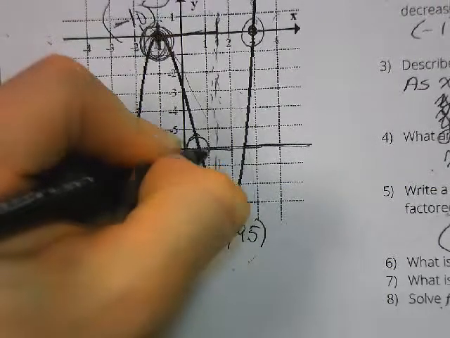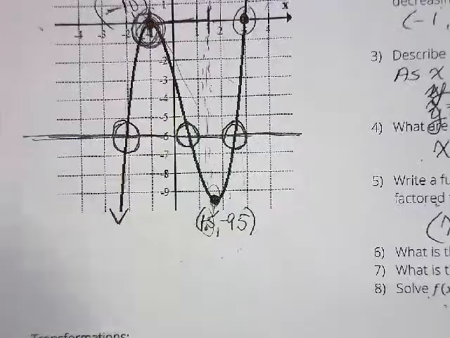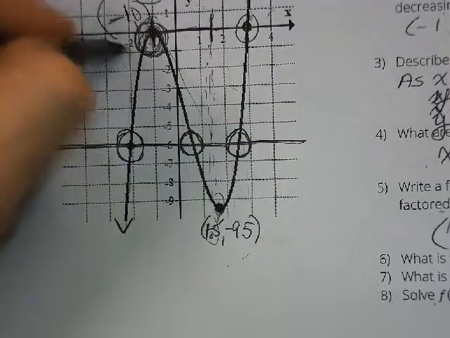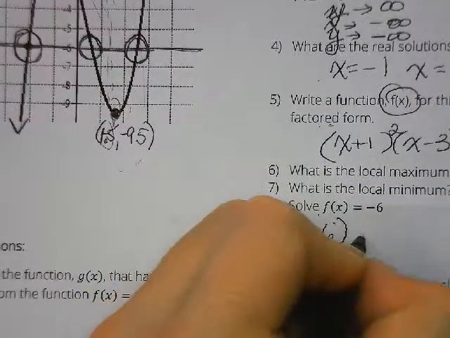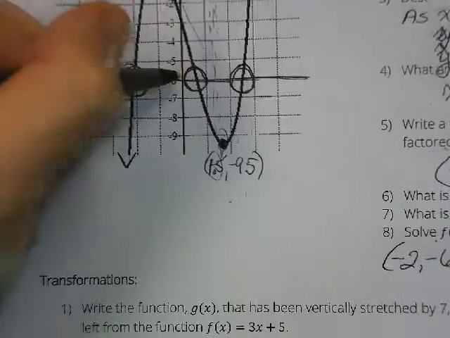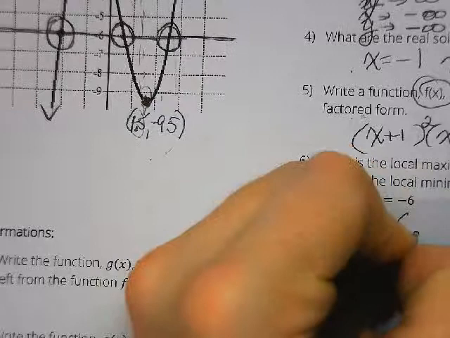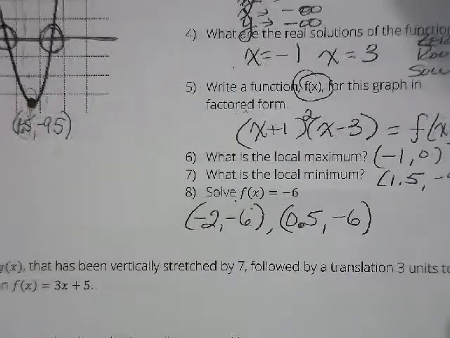This first one is negative 2, negative 6. The next one is at 0.5, negative 6. And then the last one here happens at 2.5, negative 6.